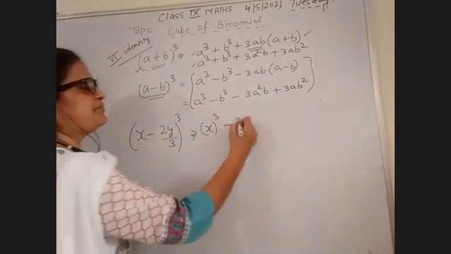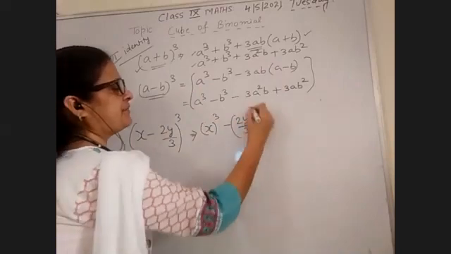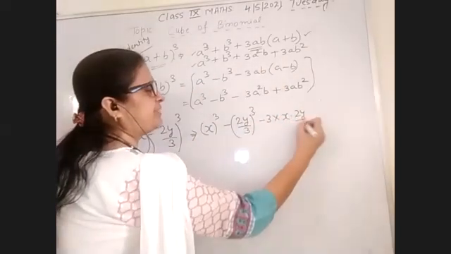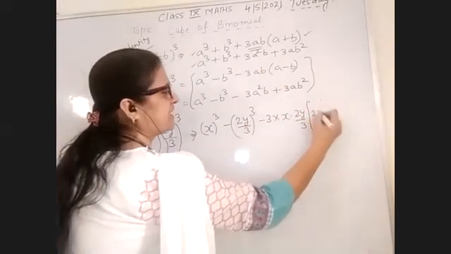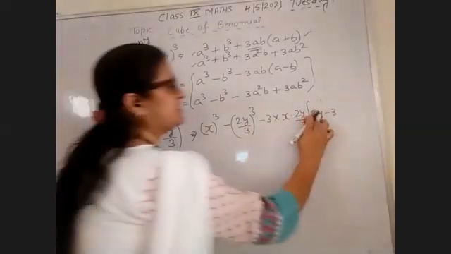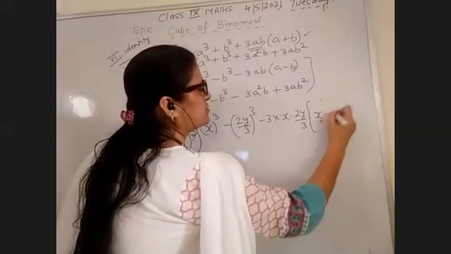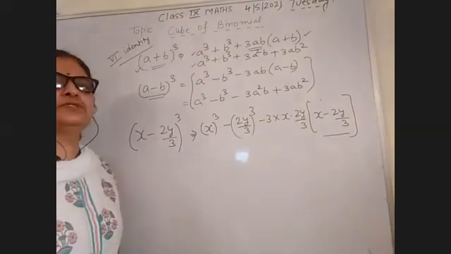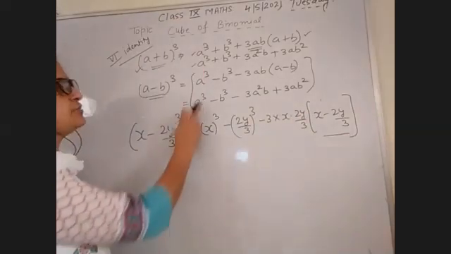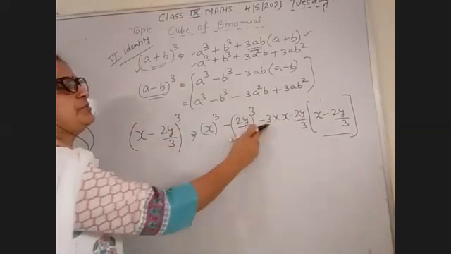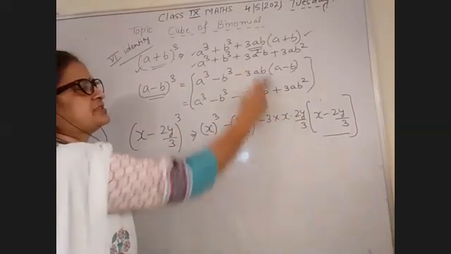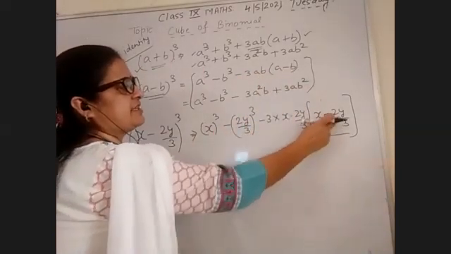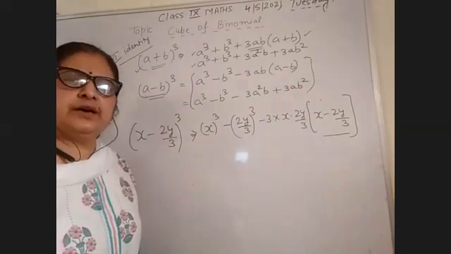First a cube minus b cube minus 3 into a, which is x, and b, which is 2y upon 3, and in the bracket you will write a minus b, that is x minus 2y upon 3.